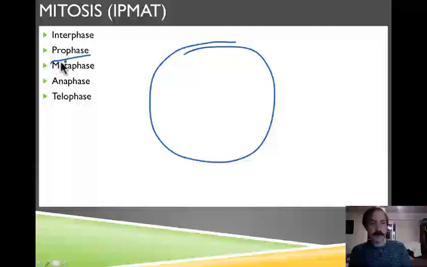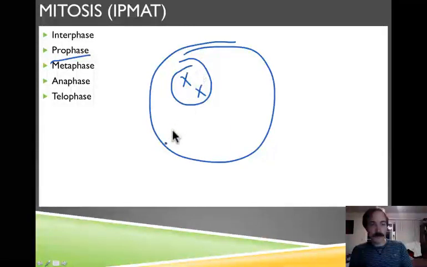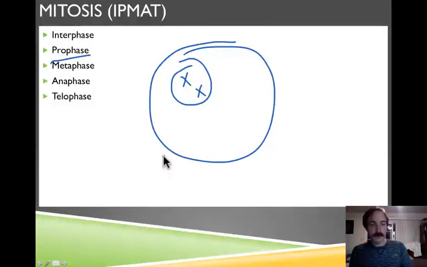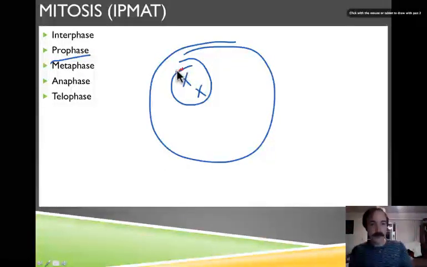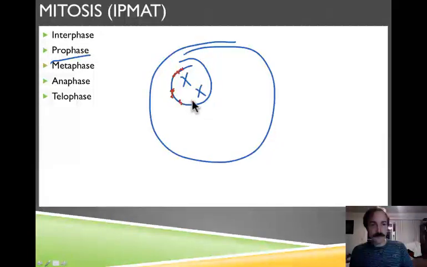So again, we're talking about prophase. There's our cell, and you have your nucleus, okay? And within that nucleus, you have your chromosomes. So let's say we have a cell with 2 chromosomes. Okay, so what you're going to see here is that the nucleus is going to start breaking up, to dissolve, essentially, or break down.